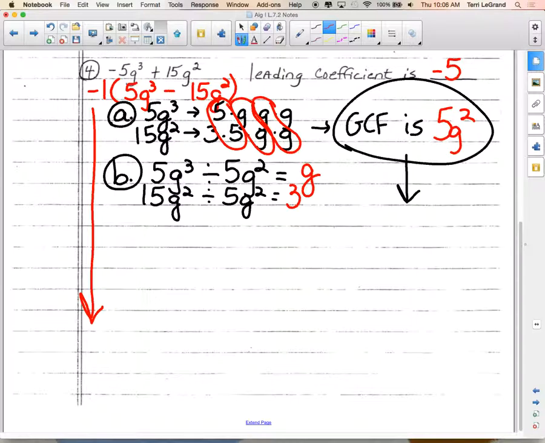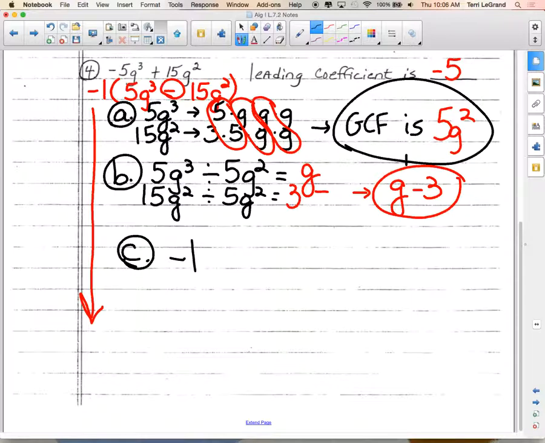So we are going to put what sign between these two? Subtract. Yeah, remember we changed it up here. So this is subtraction now. I'm going to get that out of the way. This is going to become g minus 3. So for C, we need a -1. Remember, we took that out in the beginning. That's a factor.